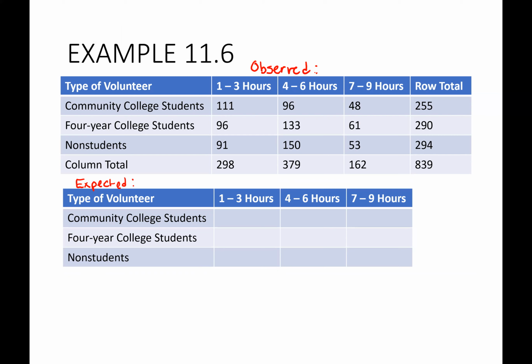You can do this either using your calculator like you just did, or you can put this in your calculator and let your calculator calculate it for you. So for example, this first one was the 255 times the 298 divided by the total, which was 839.